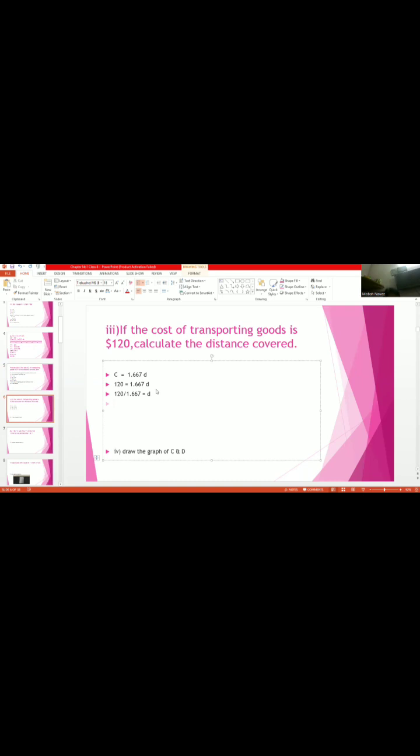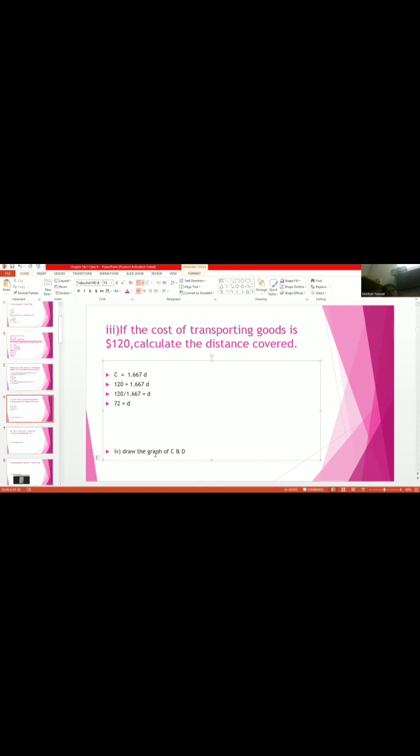You also divide and check whether my answer is correct or not. So 120 divided by 1.667 is approximately 71.98. This means it is equal to 72. We have to round it off. I think all of you know about rounding.